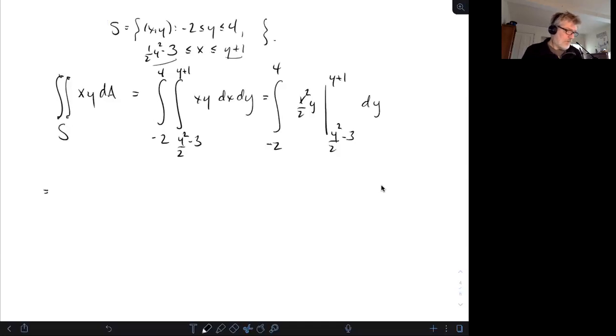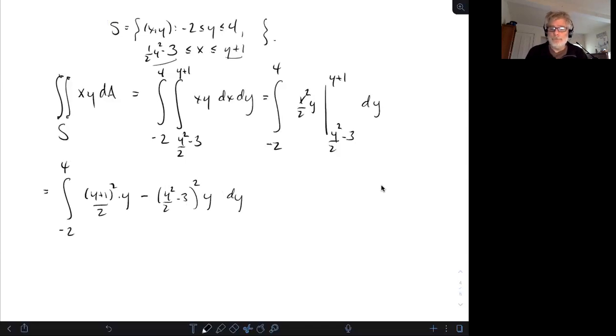Okay. So I replace, subtract. So this is the integral from -2 to 4 of (y plus 1) squared over 2 times y minus (y squared over 2 minus 3) squared times y dy. Okay. I won't finish the computation because from this point on it's straightforward polynomial, we just expand, integrate.